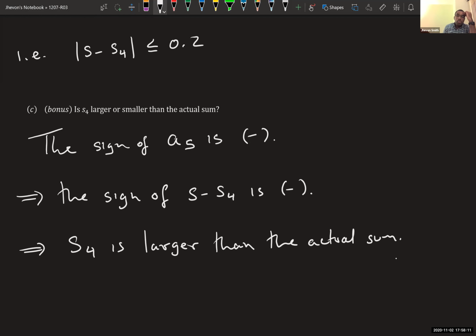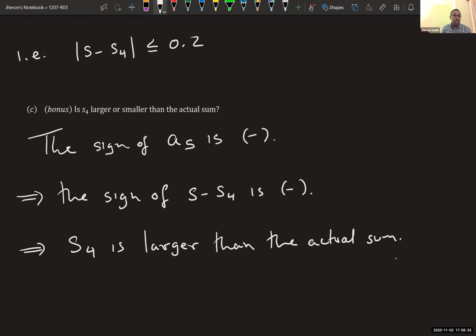So I know that S4 is, at most, 0.2 away from the actual answer, and now I know what direction that's in. S4 is going to be at most 0.2 larger than the actual answer I want.